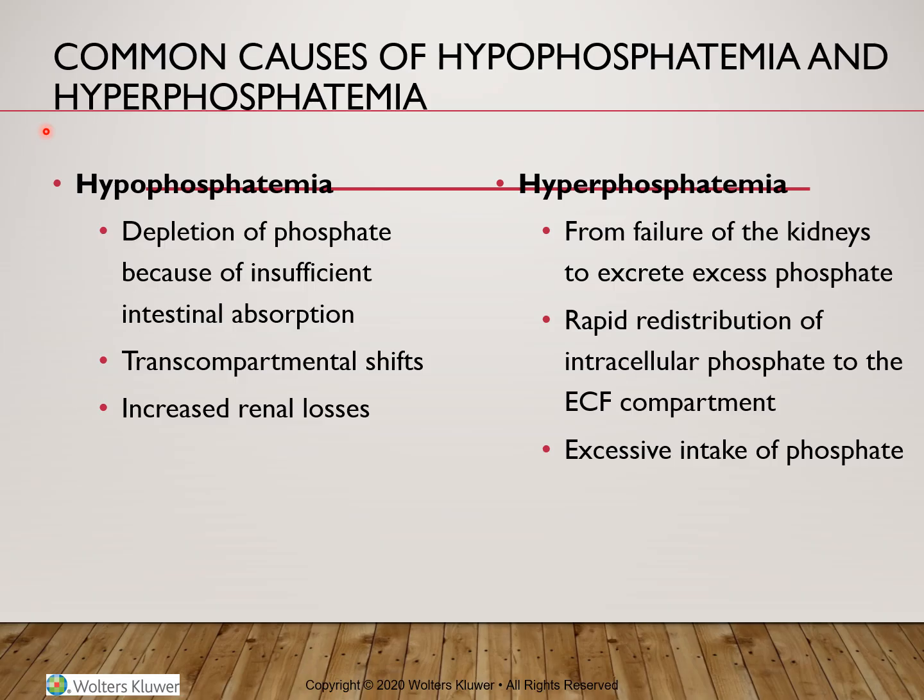Hypophosphatemia results in altered neural function, disturbed musculoskeletal function. It can cause things like hematological disorders. When we talk about intestinal absorption of phosphate, we can get intestinal absorption impairment if we have a patient who's taking a lot of calcium supplements, because calcium can bind to phosphorus in the GI tract.